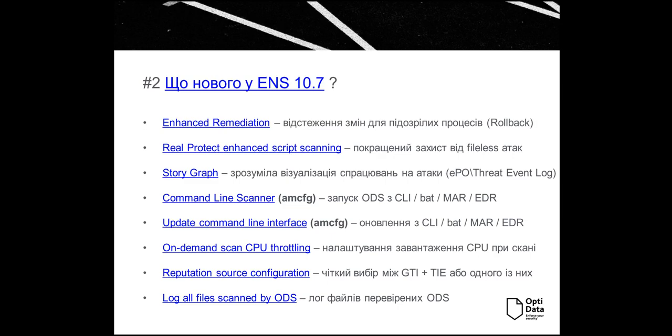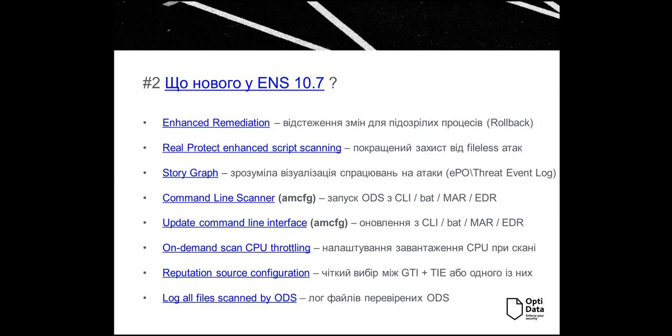When some process or application tries to manipulate files, try to encrypt, rewrite or delete them, ENS will track this change and ENS will try to recover your files. I will show you later how it works.